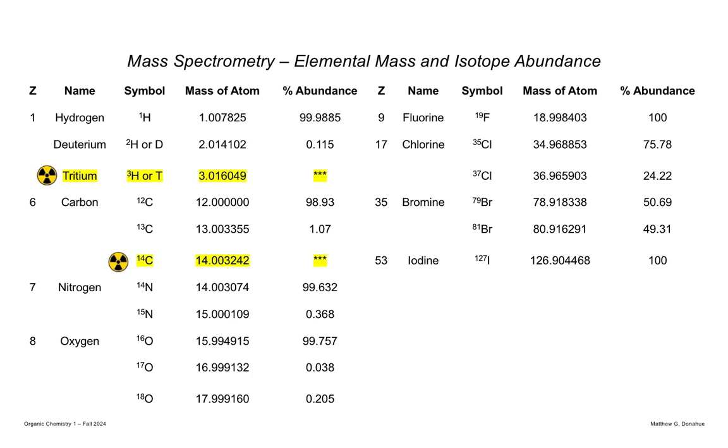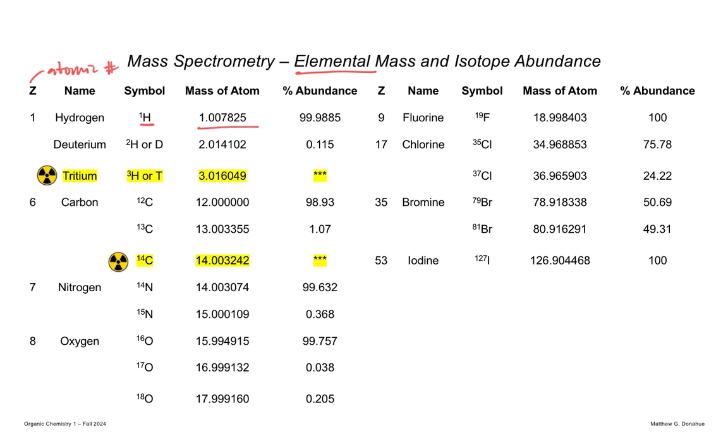So here are the elements we're interested in for organic chemistry. Again, Z was atomic number. So hydrogen has 3 isotopes. Its symbol is 1H. Here's the mass.